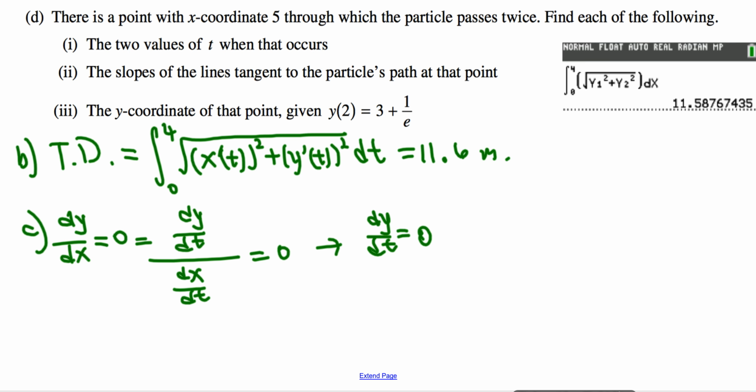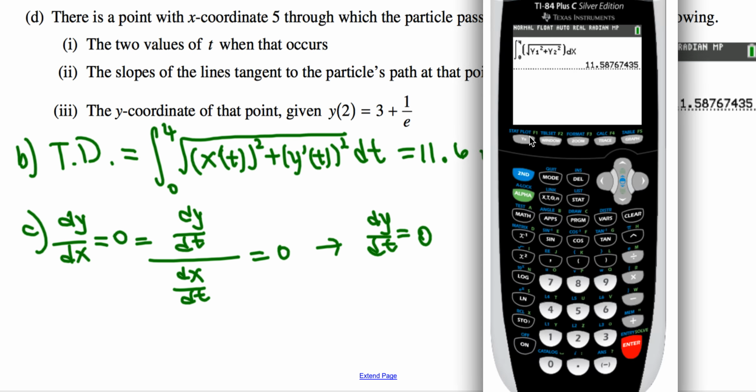So let me go back to the calculator. When I graph this one, what is that point? That's where dy/dt, the red one, is equal to 0. So I'm going to calculate zero, which is number 2. Left bound seems to be between 0 and 4, I'm just going to call it 2. And then right bound seems to be around 3, so I'm just going to type in 3.